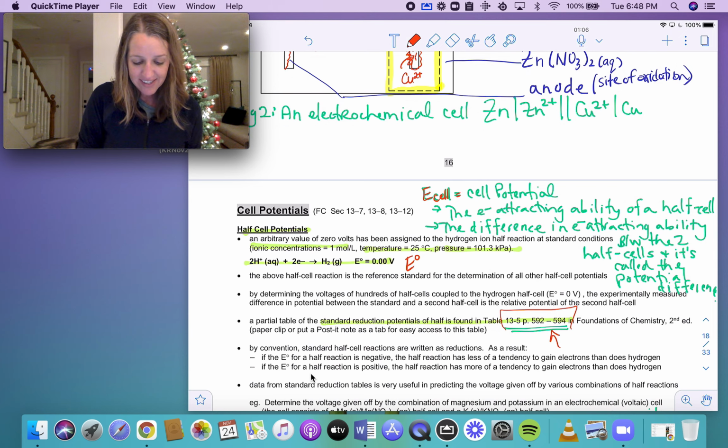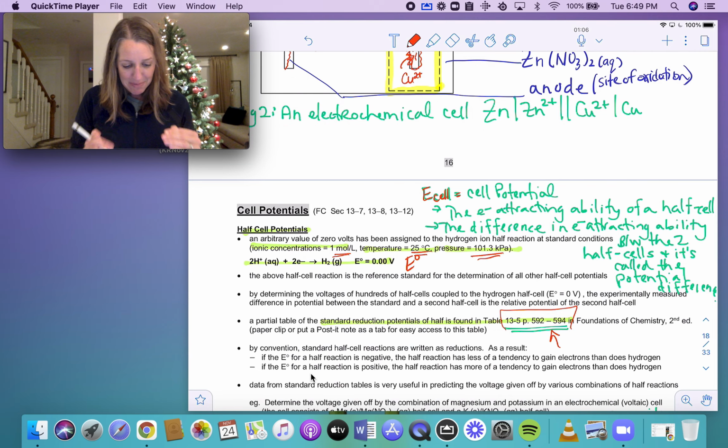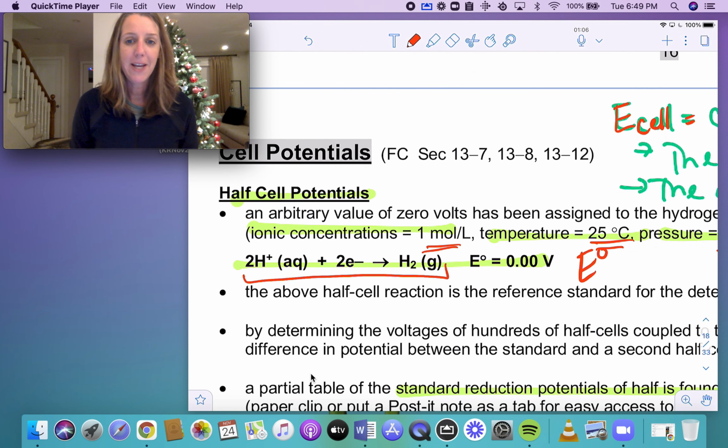And when we say standard conditions, we mean 1 mole per liter, 25 degrees Celsius, and 101.3 kilopascals. That's standard temperature, pressure, and ionic concentration. They've labeled the reduction of hydrogen as 0, arbitrarily assigned. Everything else is going to be compared to that value right there.